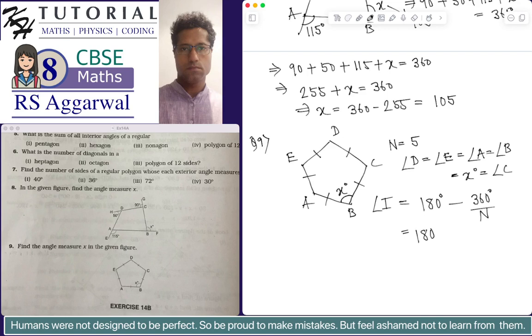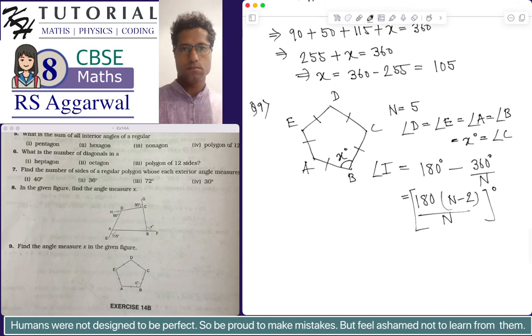If we simplify this, this will be 180 multiplied by n minus 2 divided by n. So this is the formula for the measure of each interior angle of a regular polygon having n sides.